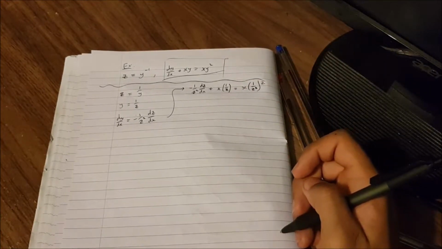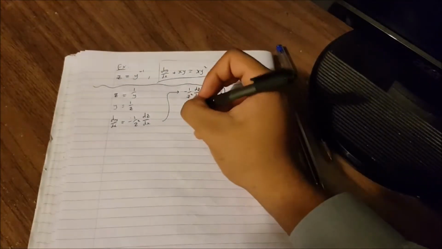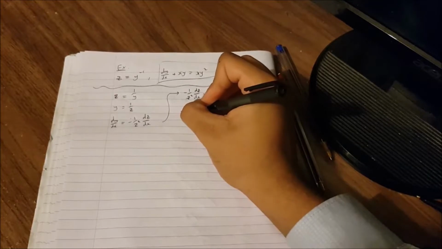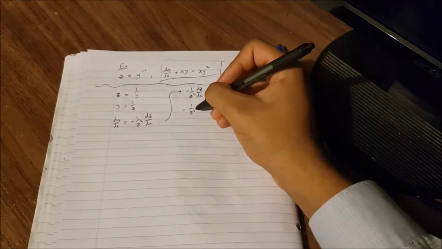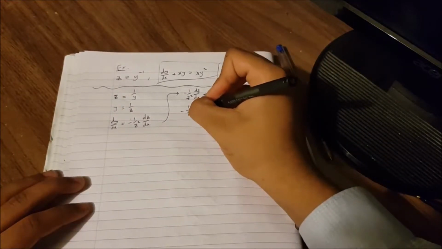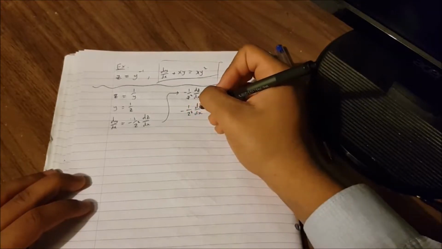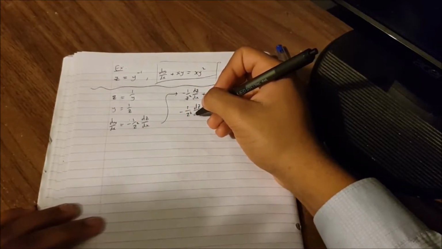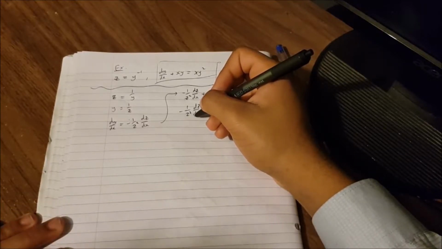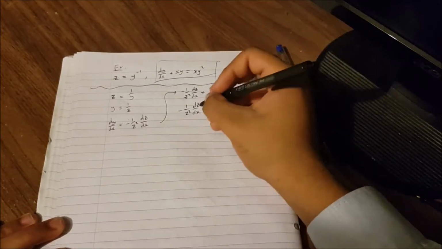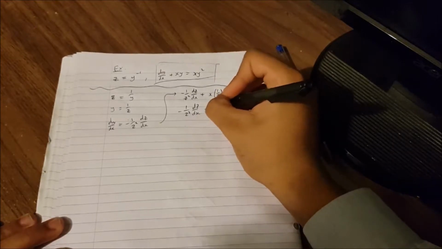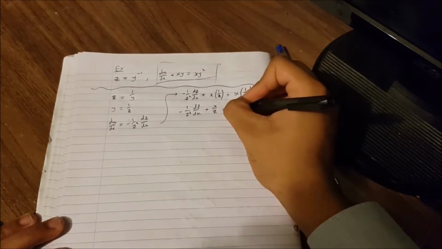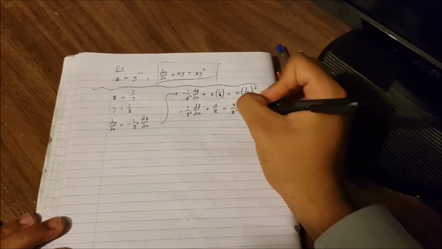Okay, so I'm just going to tidy things up slightly. So I'm going to say that minus 1 over z squared dz by dx, plus x over z is equal to x over z squared.